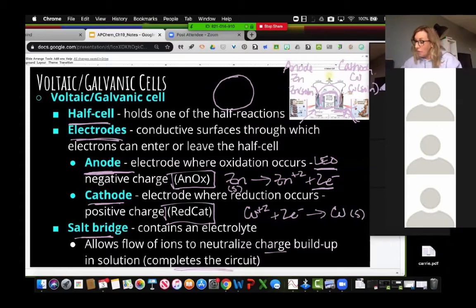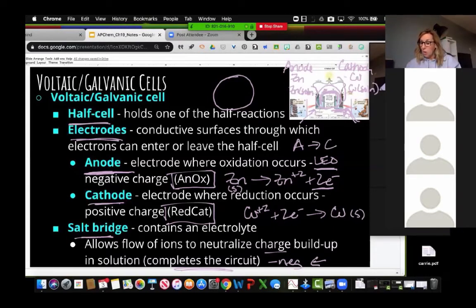And when you look on there, what you can see, and I know this is kind of hard to tell on this little diagram here, but the electrons always travel from anode to cathode. So they always go, if you think in alphabetical order, that's kind of a way to remember it, anode to cathode. So the electrons go this way, and then as they move through, the negative ions of the salt bridge go to the left, because, well, depending on which direction they're going.